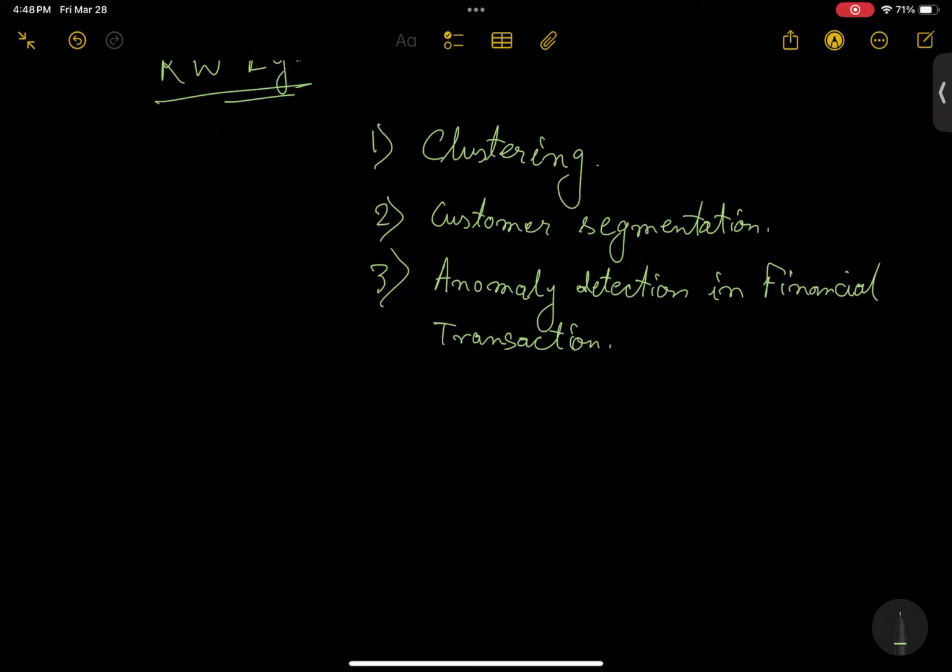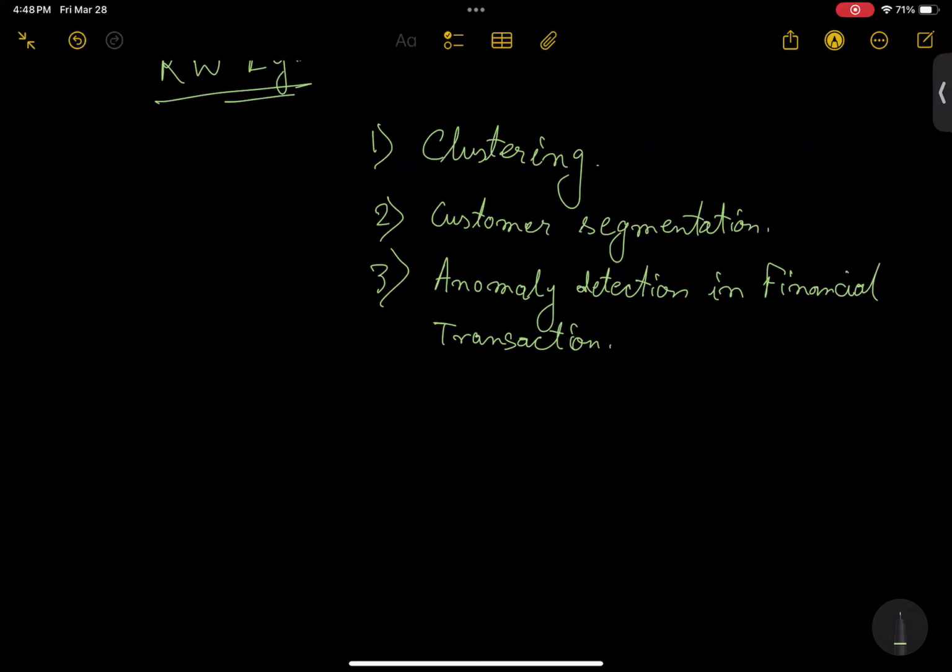Someone rich might purchase everything at $1,000 every time. That's a common transaction for them. So it's a pattern that the machine learning system intelligently learns, and then it says this is not your previous behavior. This is an anomaly relative to your previous behavior.